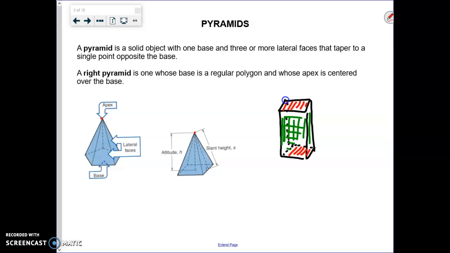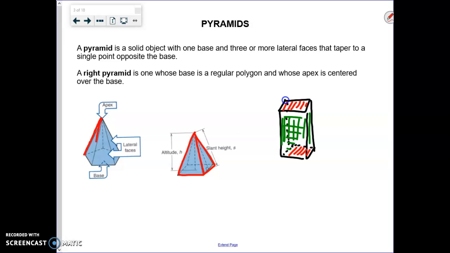And the lateral faces, I'll just read through this. A pyramid is a solid object with 1 base and 3 or more lateral faces that taper to a single point opposite the base. Okay, so your lateral faces here are all triangles. They're not rectangles like they were with a prism.